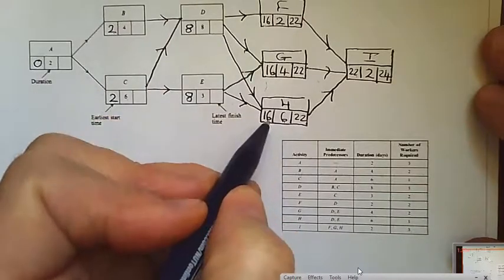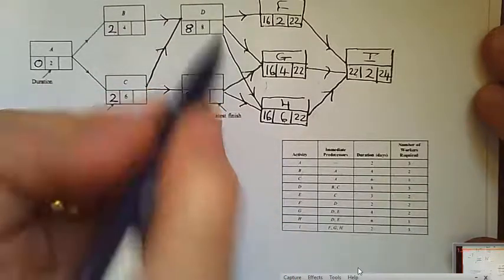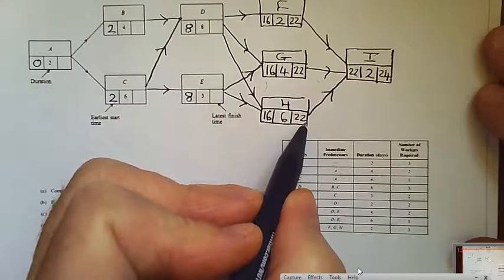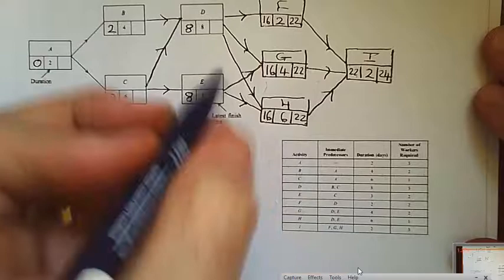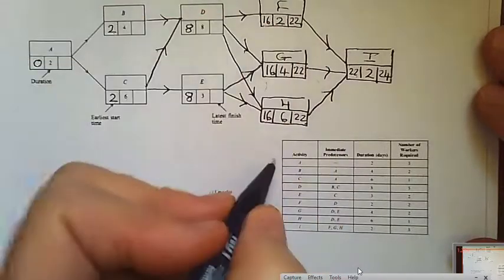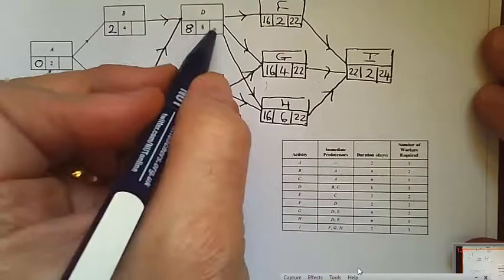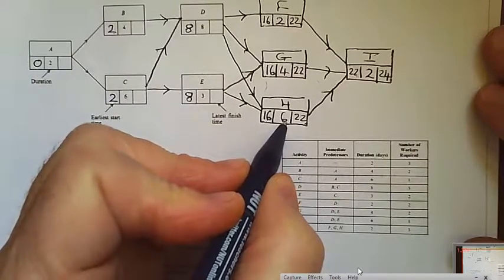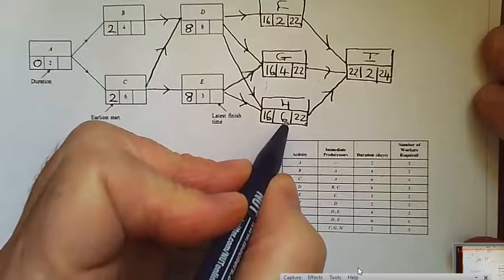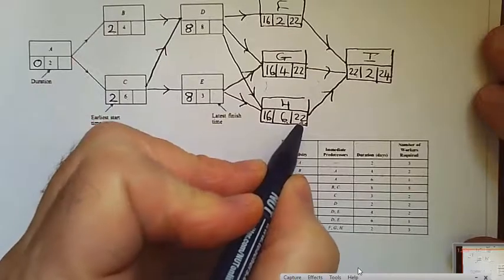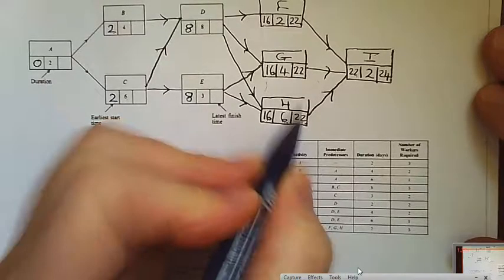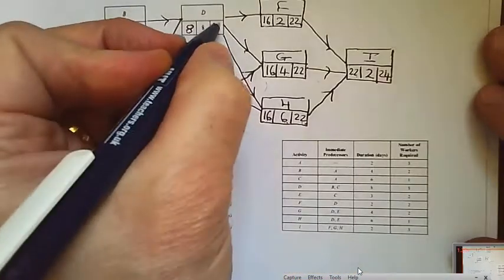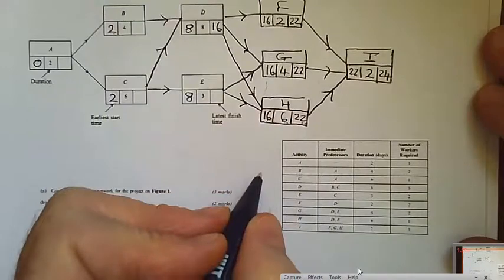And then going down to H, it would actually need to finish at 16, because 16 and 6 is 22. We go with the smallest of those because we can't delay the project. If it finished any later than 16, then that would delay H, because we'd still have to add 6 days. That would make this bigger than 22, thus delaying the project. So 16 goes in there.